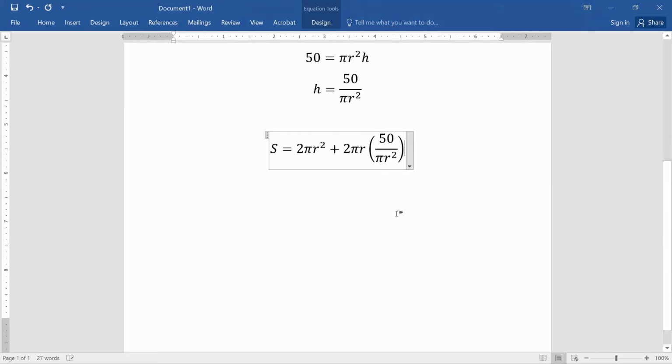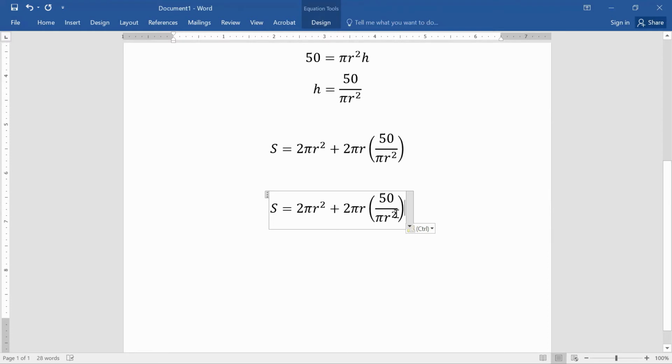There are a few things that we can do here to simplify this equation for S. We can multiply things through on this second term: 2 pi r times 50 divided by pi r squared.